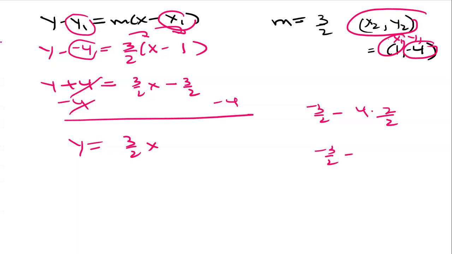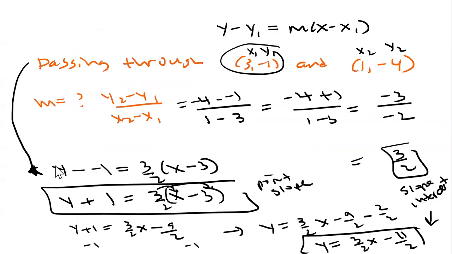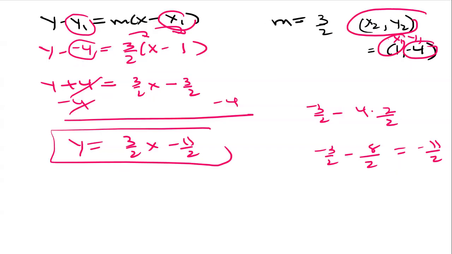So that gives me -3 halves minus 8 over 2, which gives us -11 over 2. All right, so you get the exact same answer as the previous one: 3 halves x minus 11 over 2.